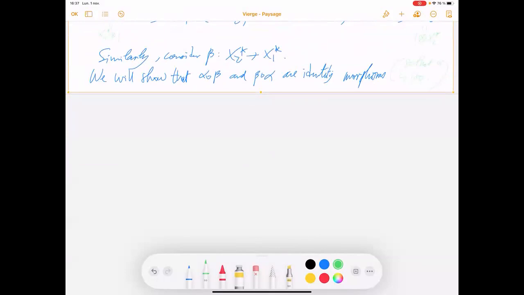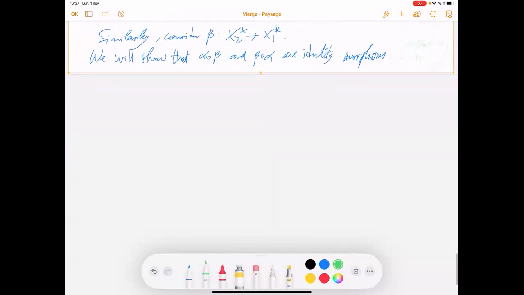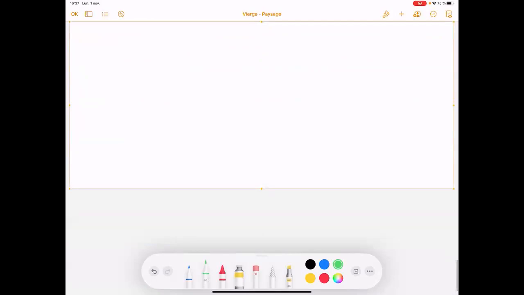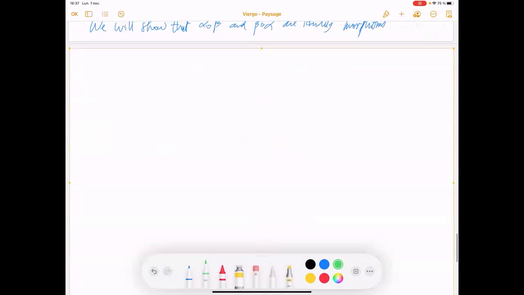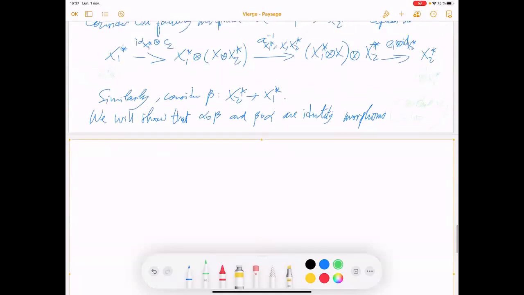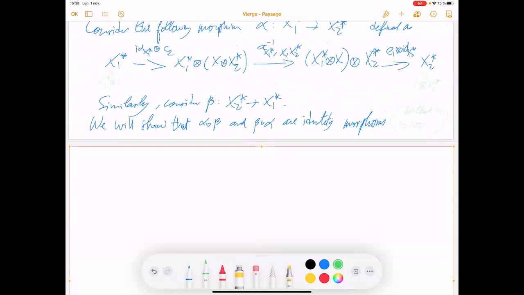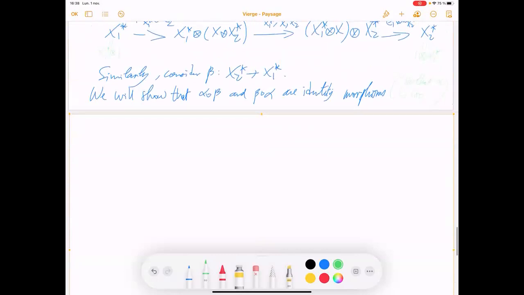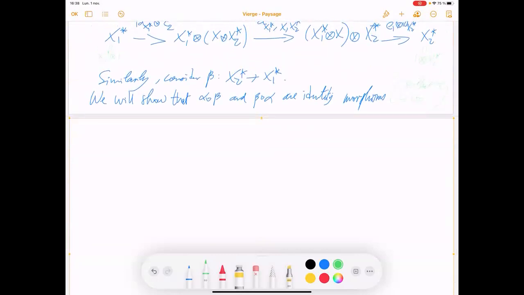Okay, so how to show? As I said, there is a quite trivial pictorial proof of that. But first, let's write the formal proof. In the pictorial proof, we will see we need to do some topological moves in the picture, and this formal proof, in some sense, proves that it's allowed to make such a move.